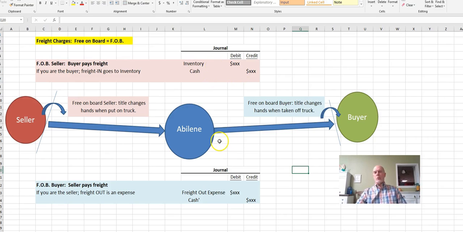On the other hand, when you're selling your product, when you're shipping it out, now you're negotiating with the buyer about who's going to pay the freight. And if we sell it to them FOB seller, in this case, we're the seller, so we won't pay that freight. But if we negotiate free on board to the buyer, FOB buyer, that means the seller pays the freight.